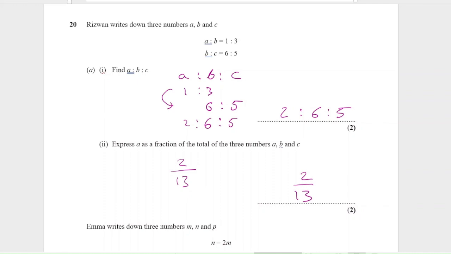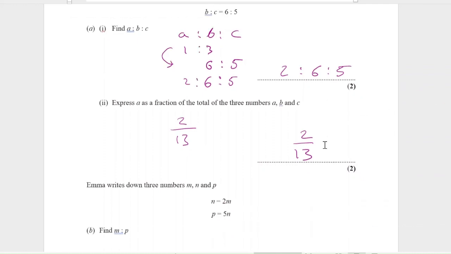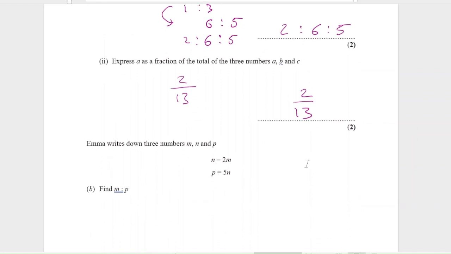And then the final part, Emma writes down the 3 numbers, M to N to P. Find the ratio of M to P. So again, a little bit like before, I'm going to go M to N to P. And then because they're given as mini equations, I would need 2 lots of n to be equal to p.